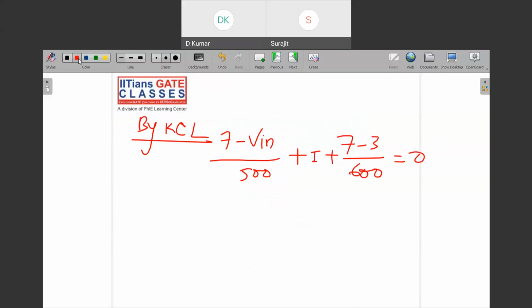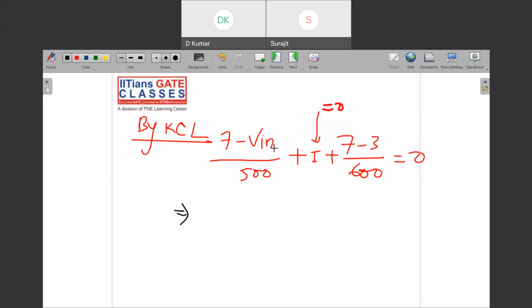Now there are two variables, but this I can be replaced with 0 for minimum voltage. For minimum input voltage, as far as the diode status is on, I can be replaced with 0.